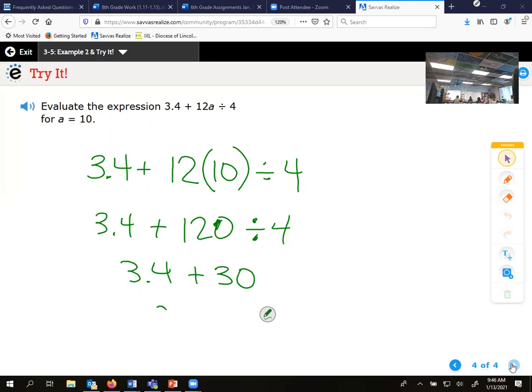No, okay, if we line them up, 30, there's my decimal. What would be that? 33.4, good.